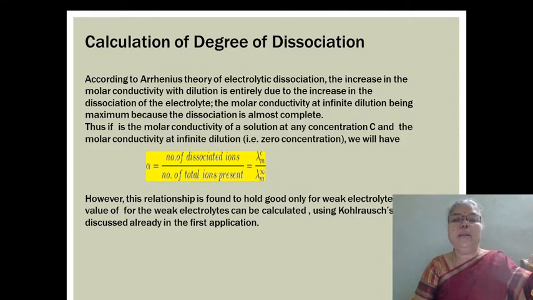The molar conductivity at infinite dilution is maximum because the dissociation is almost complete.